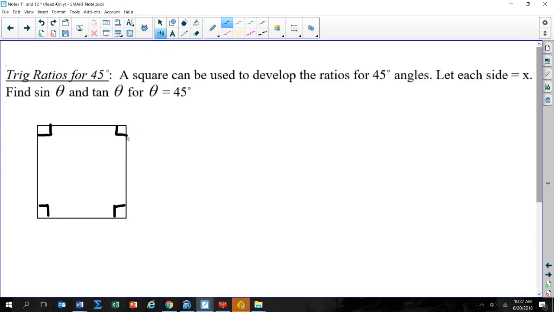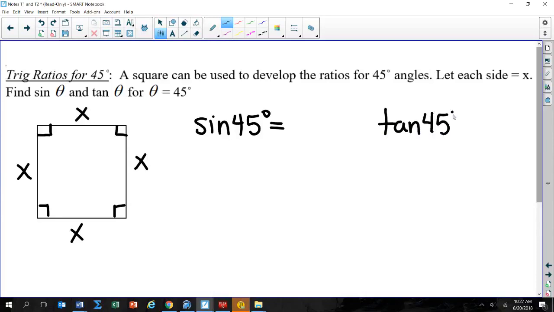And it tells us to let each side equal a length of x. And the problem is asking us to find sine of theta, which we know theta is 45 degrees. So it's asking us to find the sine of 45 degrees and also the tangent of 45 degrees.